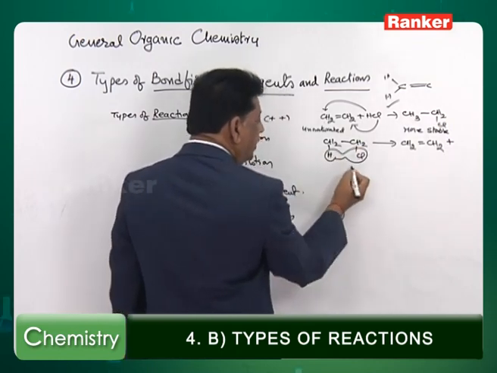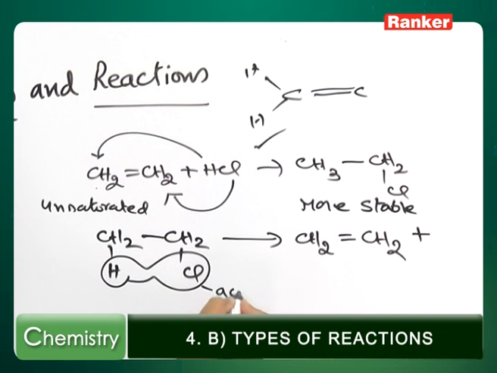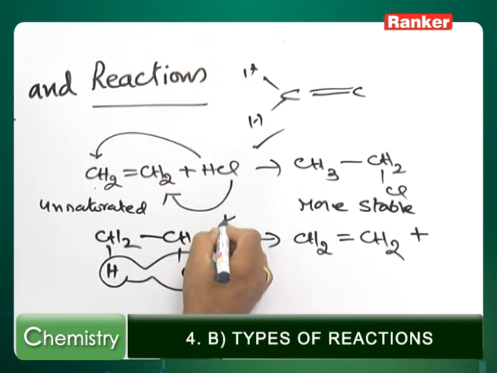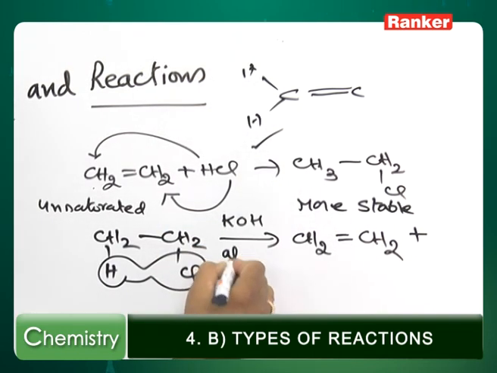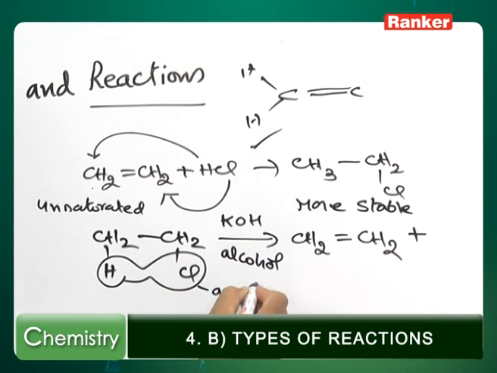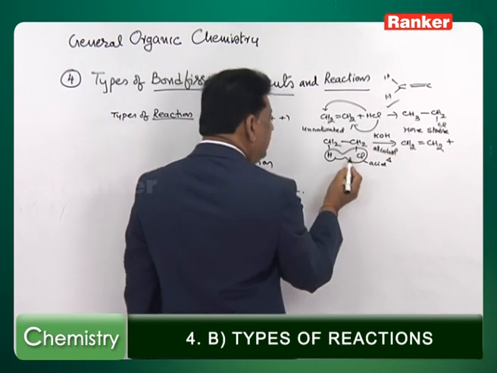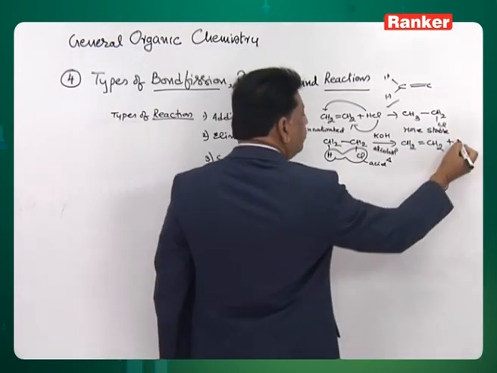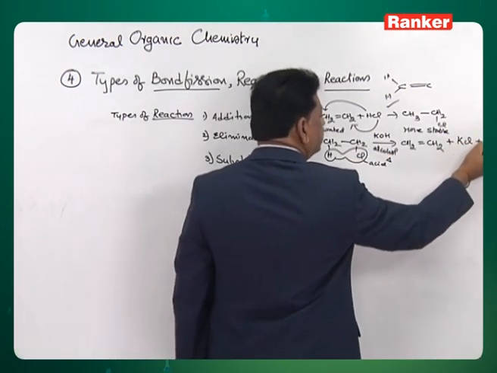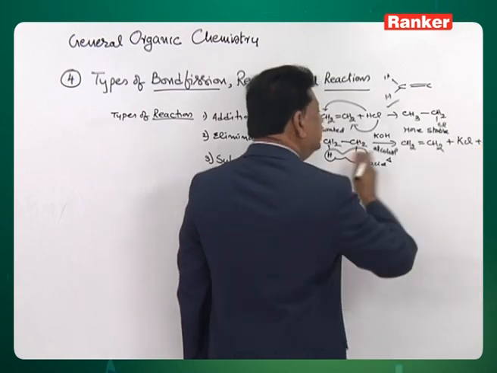What you are removing, HCl, is an acid. So if you put a strong base like KOH dissolved in alcohol and heat for some time, with all these odd conditions, this base will knock away the HCl to form KCl and water. Then the reaction takes place.